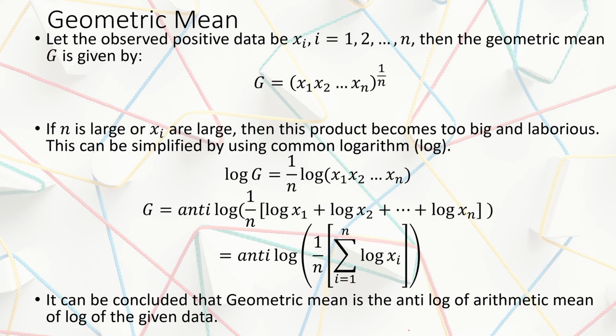We simply apply log on it, and then we find arithmetic mean of that logarithmic data, and we have to transform back. We have to apply an inverse transformation, which will be the exponential or anti-log. So the main steps are what? You would simply apply log on the given data, you would find arithmetic mean of that logarithmic data, and then simply you take its anti-log.